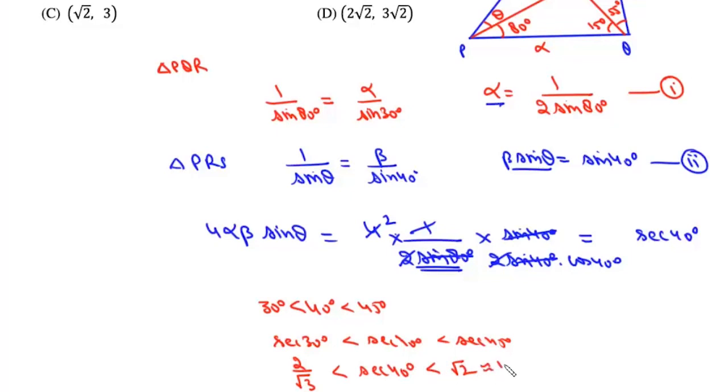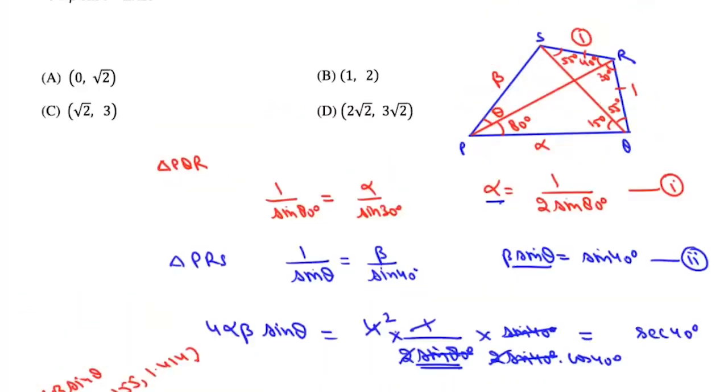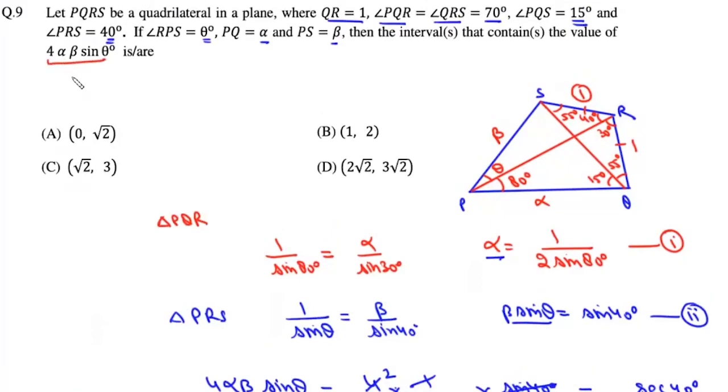Now root 2 is nearly 1.414 and 2 by root 3 is nearly 1.155. So that means the value of 4 alpha beta sine theta should lie between 1.155 and 1.414.